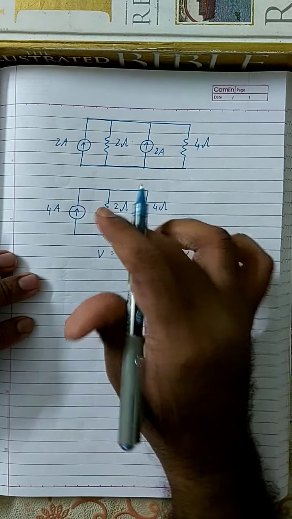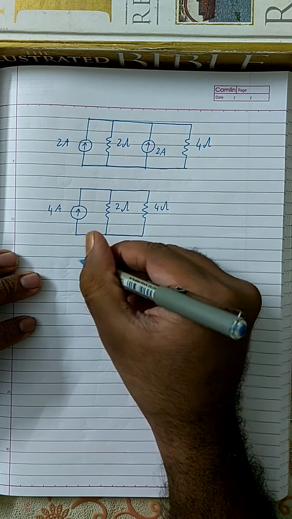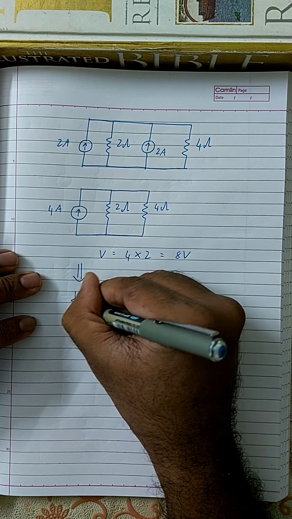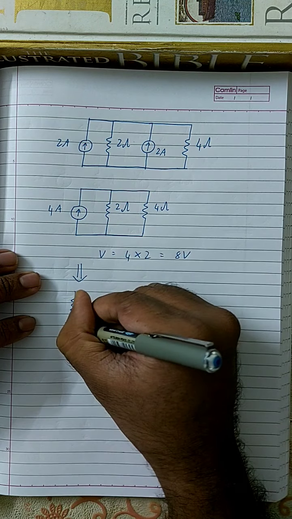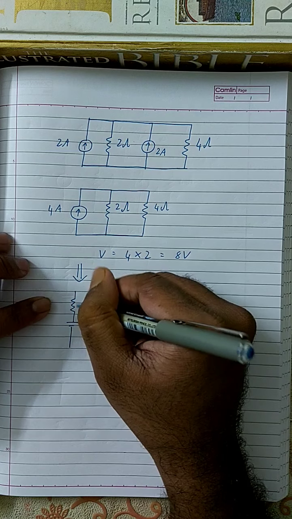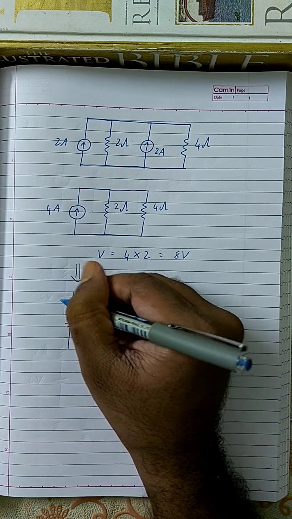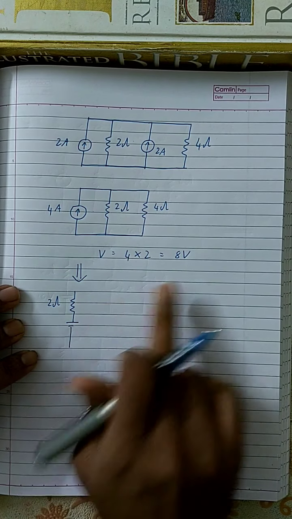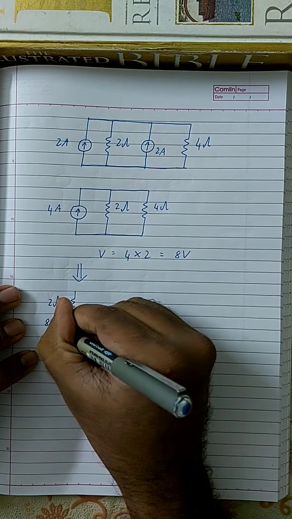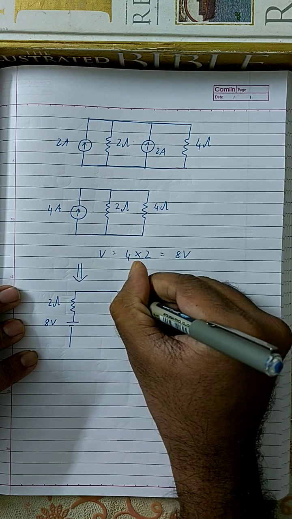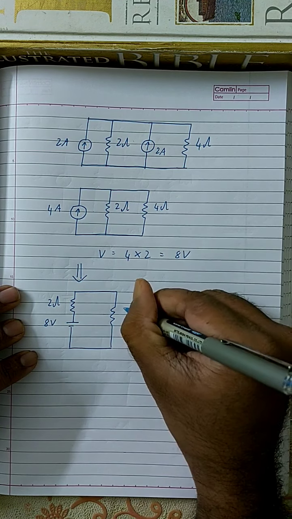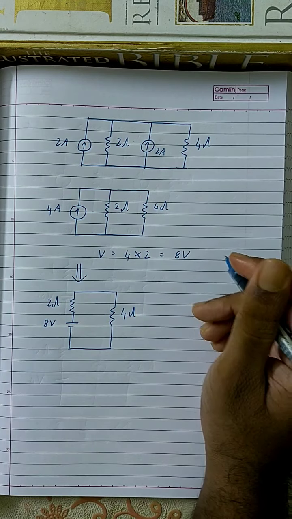This can now be redrawn as a resistor with a voltage source: this resistor is 2 ohm and this voltage source is 8 volt, and you have a resistor which is 4 ohm. Now you have everything you need.